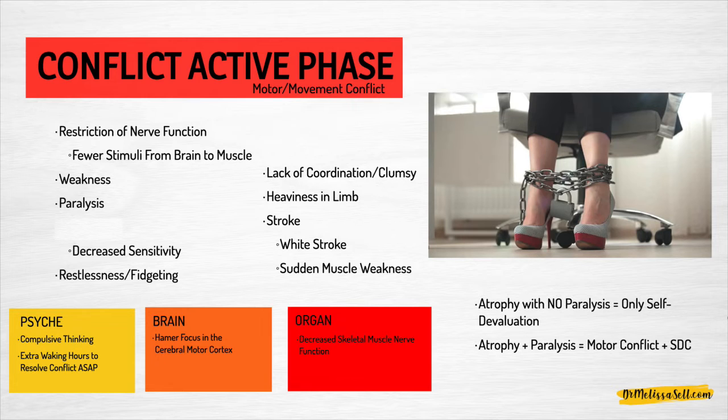Now, this can happen all on its own without a self-devaluation conflict, or if there's additional atrophy along with paralysis, that indicates the person is experiencing a motor conflict and a self-devaluation. Atrophy with no paralysis means it's just a self-devaluation, it's not affecting the motor function, just the trophic function of the muscle.